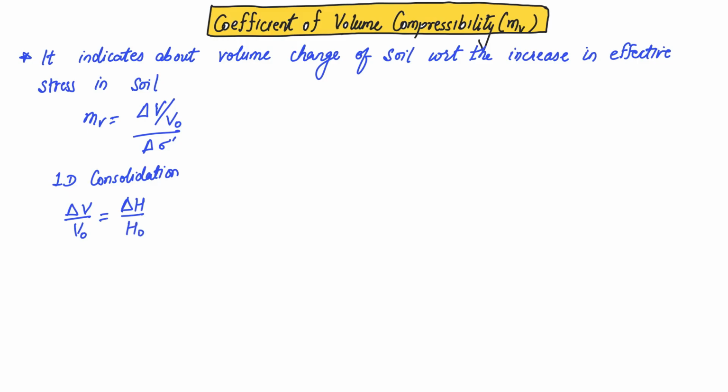So mv equals delta H by H naught upon delta sigma dash.